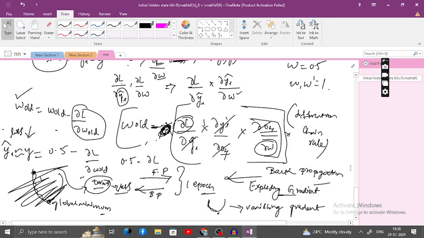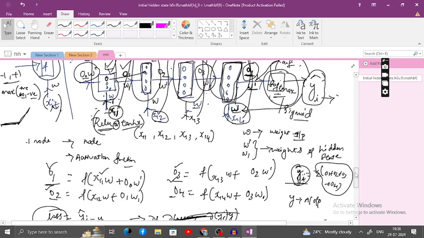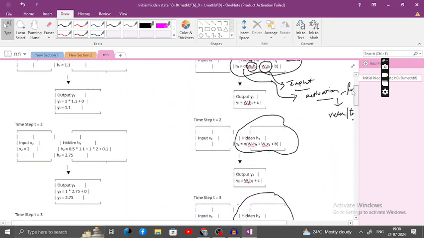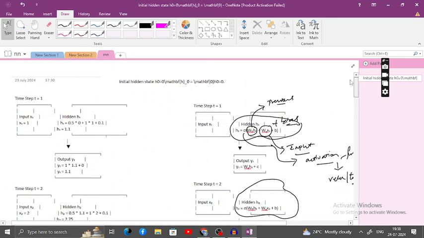But still, recurrent neural network is one of the most advanced neural networks that we encounter. Look at this. Here, time step is equal to 1, input x1. RNN is also a neural network, a deep learning model.